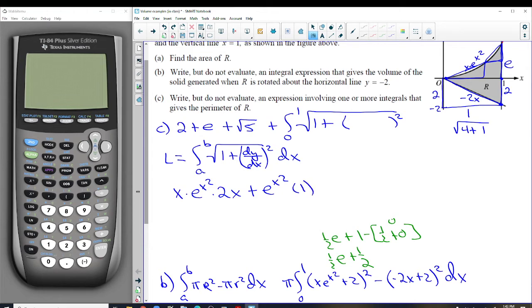So if you look at the rubric, they like to factor stuff out. So that's 2x squared plus 1. And we got to square that. So e to the x squared, 2x squared plus 1 squared dx.